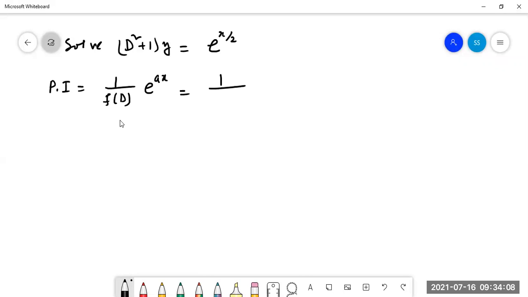What is f(D) here? f(D) means D square plus 1. 1 by D square plus 1 into e to the power x by 2.